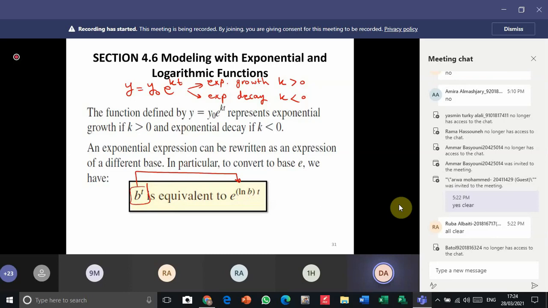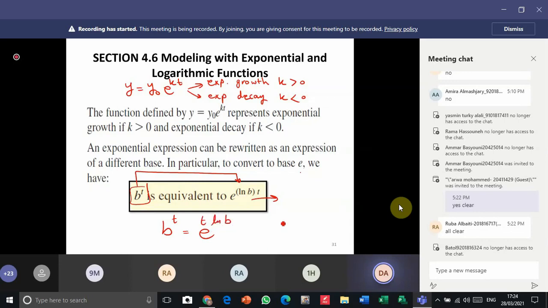Because we can put the t as exponent, and then remove ln with e, so we have b to the power t. So b to the power t, we can put it like this: e to the power t multiplied by ln b.